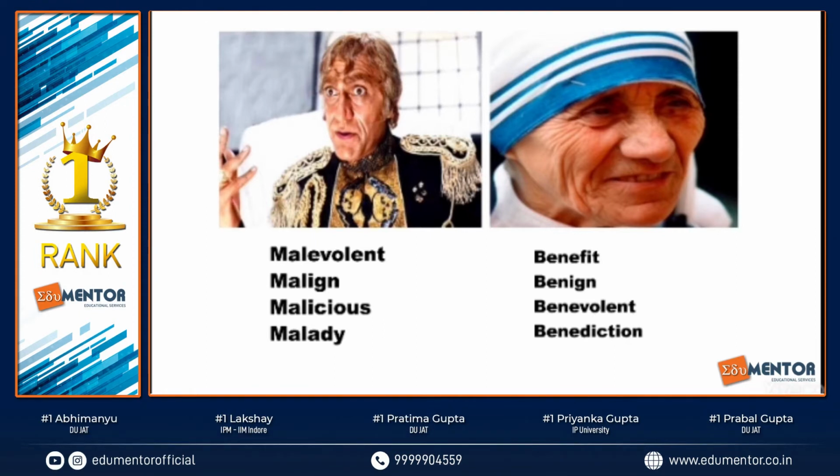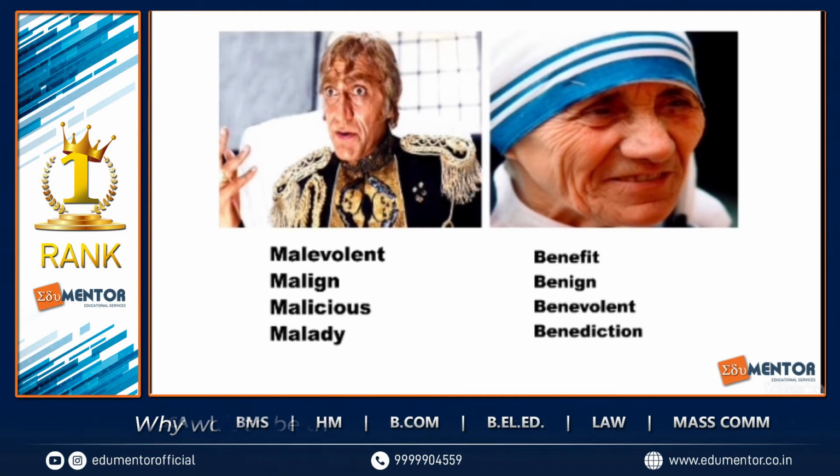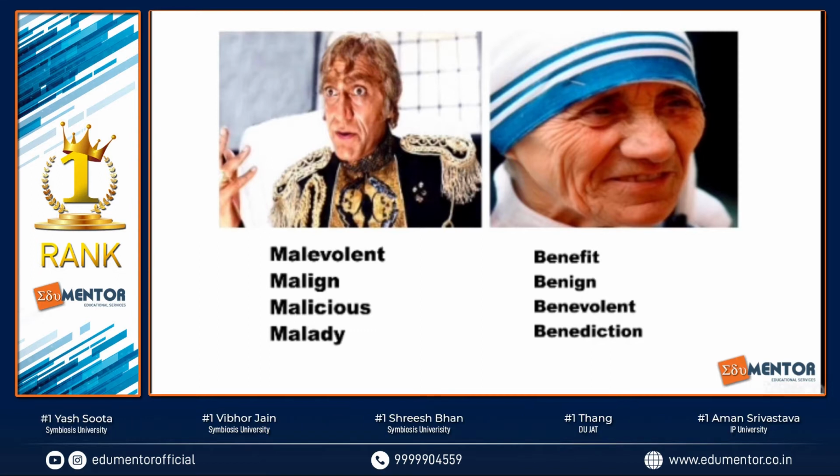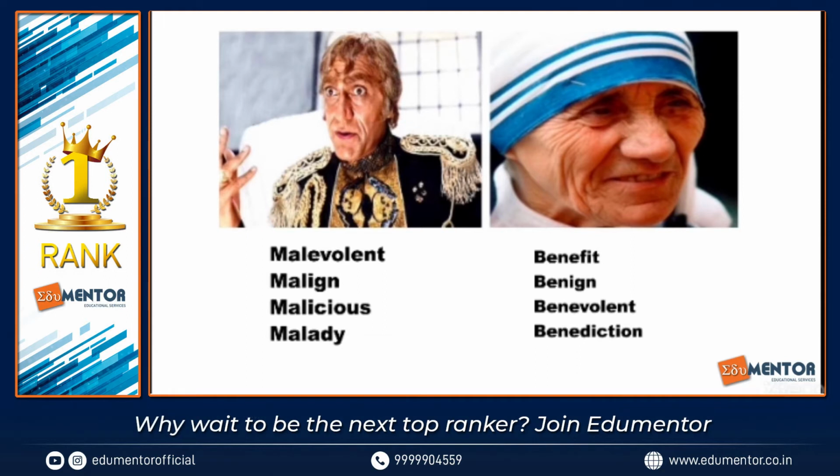Malign basically is the act of compromising, the act of destroying something. Malicious again is something that is very bad, something that has an evil influence. Malady is a disease, and a disease is not a good thing to begin with. So again, all these words have something or the other to do with bad.